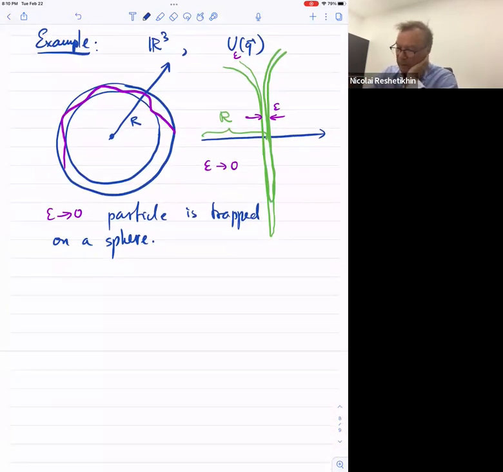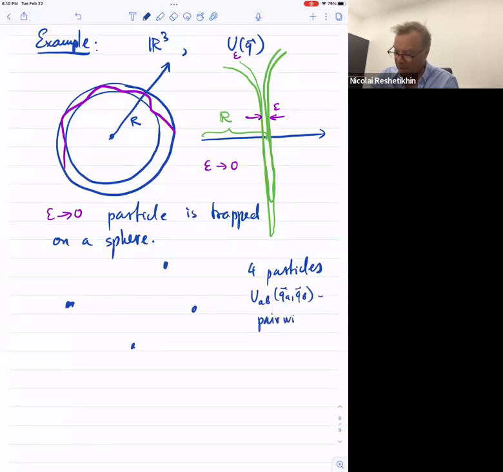And it can be done in a different way. Say, imagine that you have 4 particles with pairwise potentials U_AB(Q_A, Q_B).